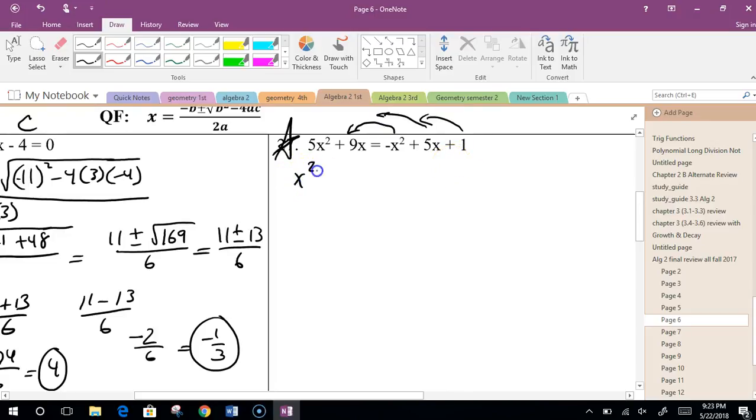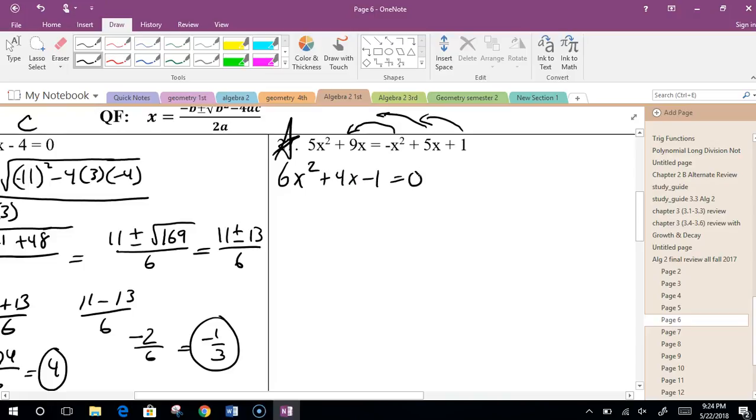So that means we're going to have a positive 6x squared because we would add that 1 to the 5. 9 minus this 5 would give us positive 4x to the first. And then a minus 1 equals 0.